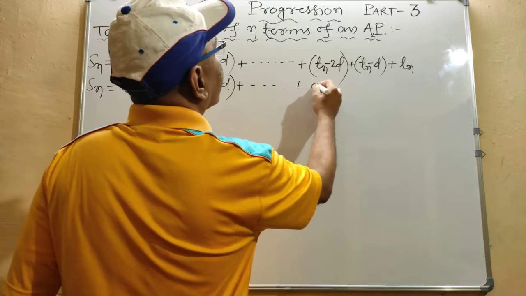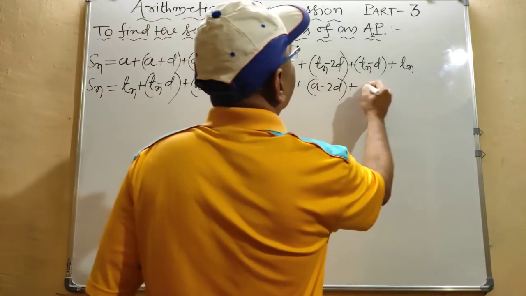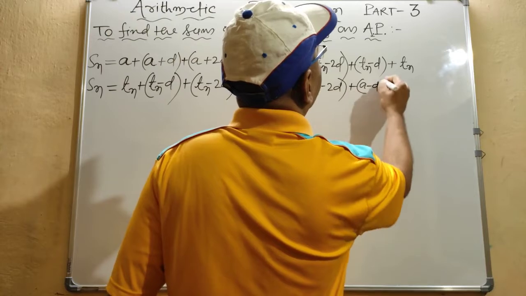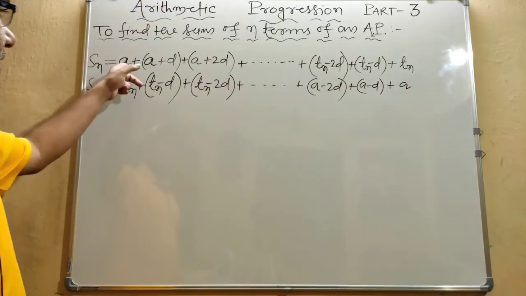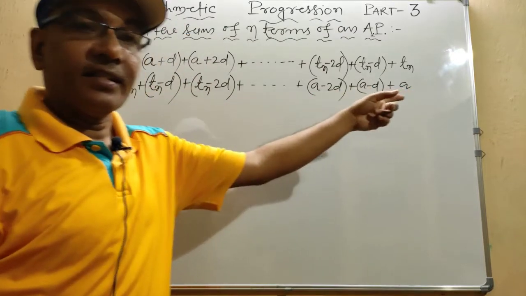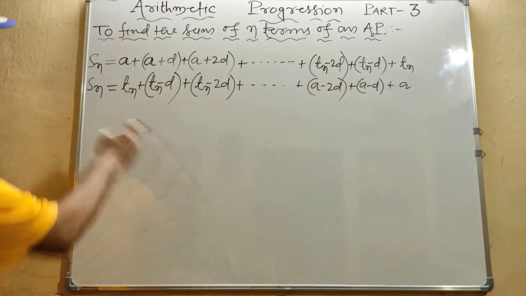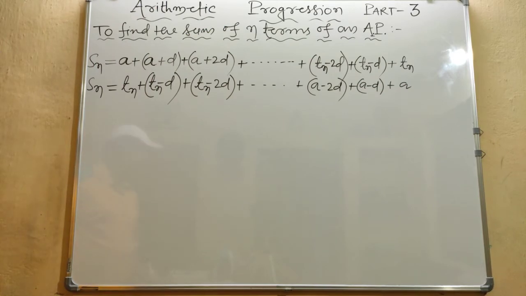What will be here? a minus 2d, then a minus d, and finally a. Same thing, a to Tn, Tn to a written in the reverse order. So this is also Sn, is it not?